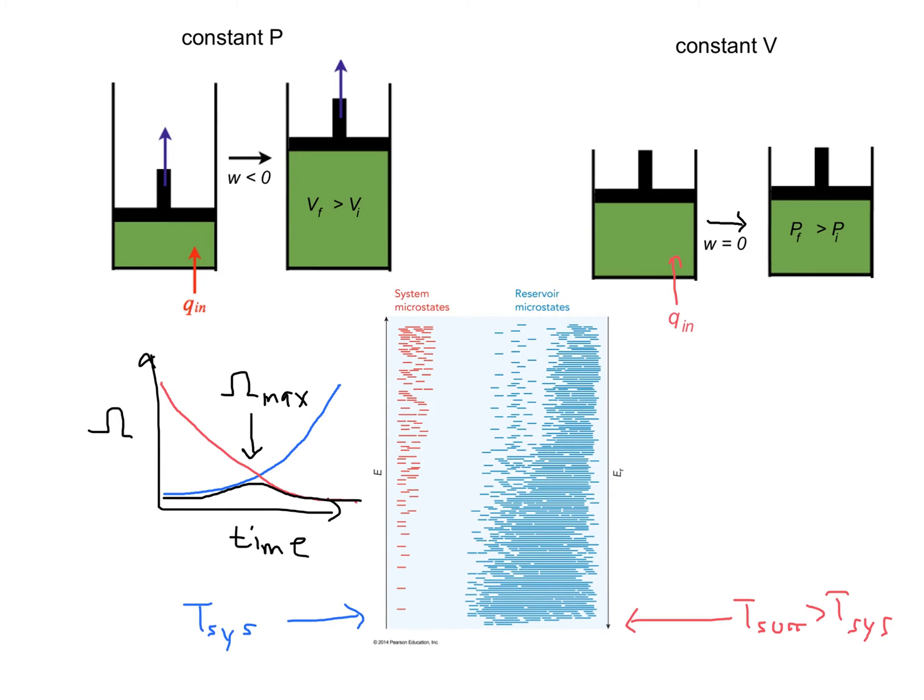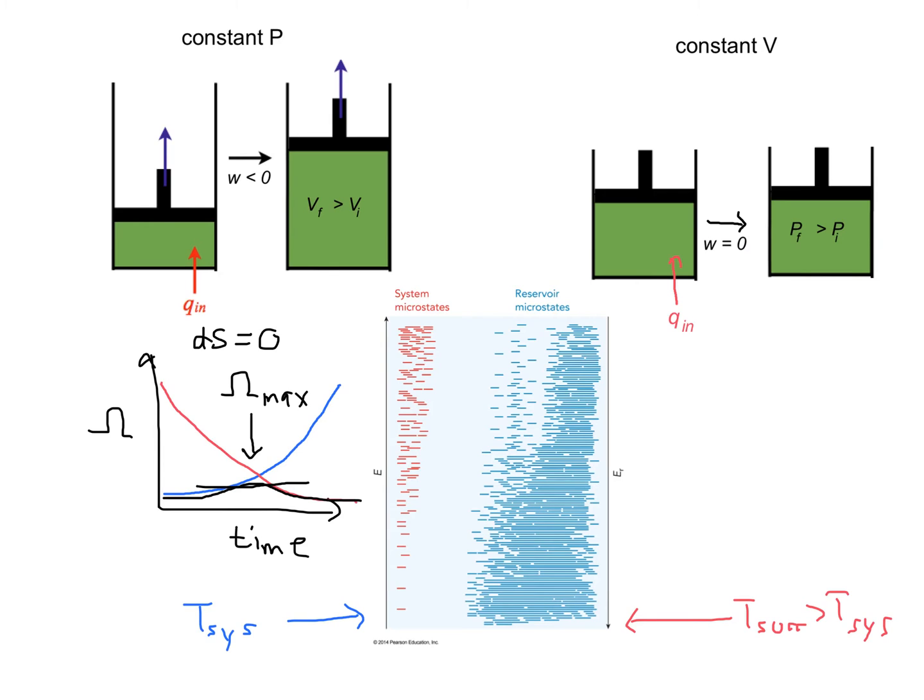The second law tells us that the system will be in equilibrium when the number of microstates is no longer changing. That means that the slope of the number of microstates in time is equal to 0, and that occurs at the maximum. And so we will be at equilibrium when we are at the maximum number of microstates.